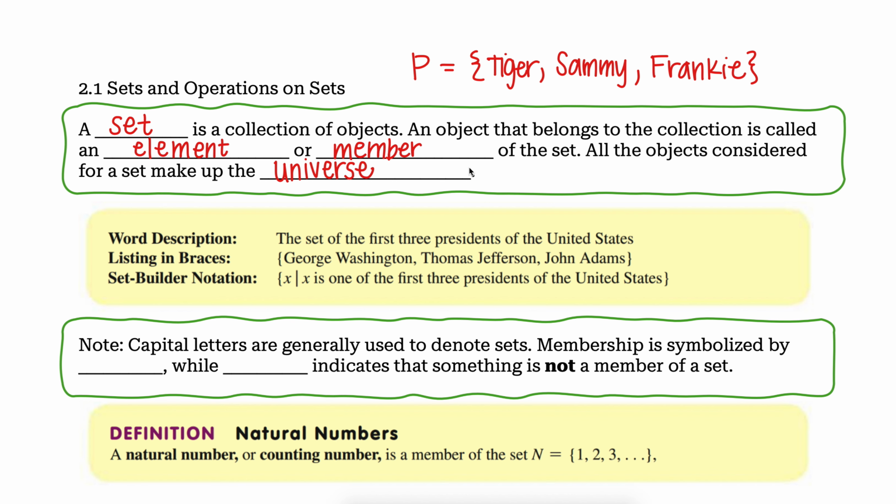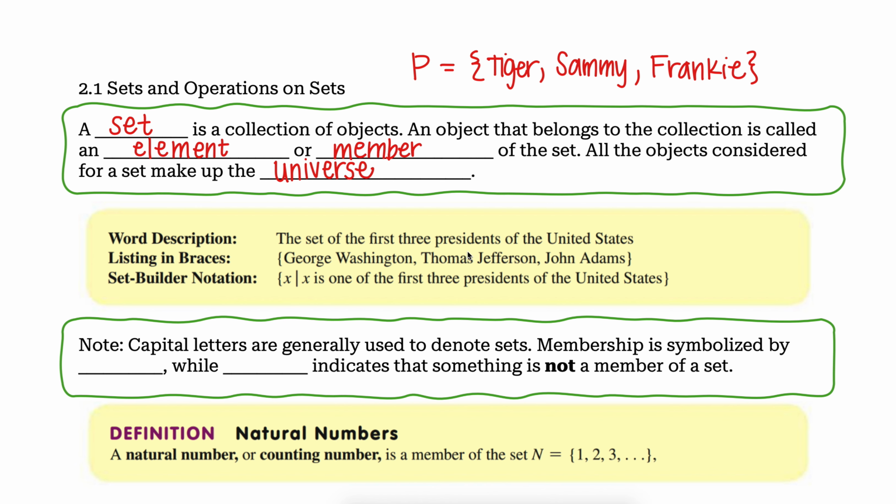When we talk about sets, a lot of times we're going to use braces to represent a set. And really the default, if you see braces, you want to think set. But you could also describe the set in words, like I have here, the set of the first 3 presidents of the United States. Okay, that's just a word description.